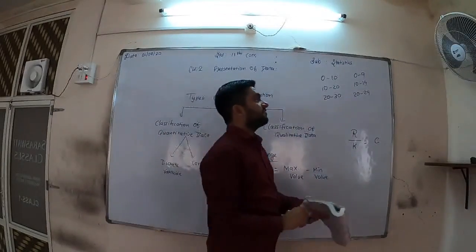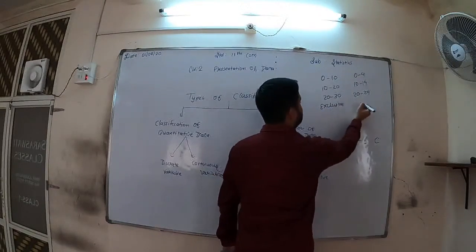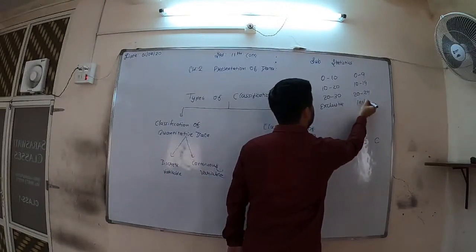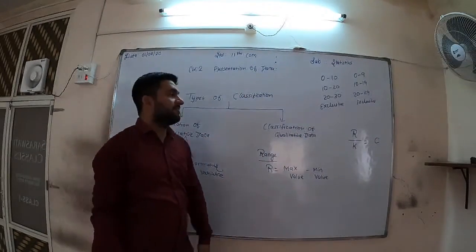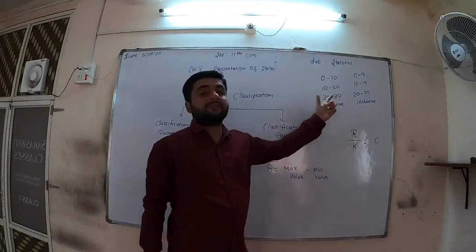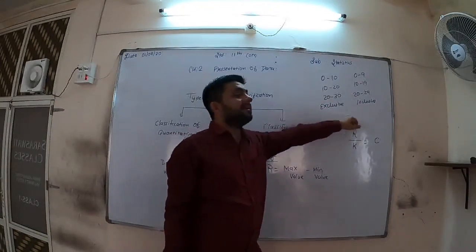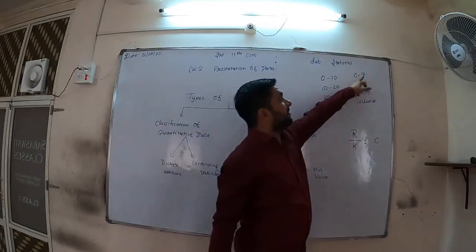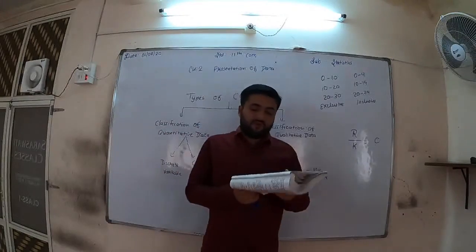These are two different types of classes. Then this is called exclusive classes and these are called inclusive classes. You may be knowing this thing, but I am repeating it for everyone. If the upper limit of a class and the lower limit of the next class are the same, then they are exclusive classes, and if the upper limit and the lower limit of the next class are not the same, then they are inclusive classes.